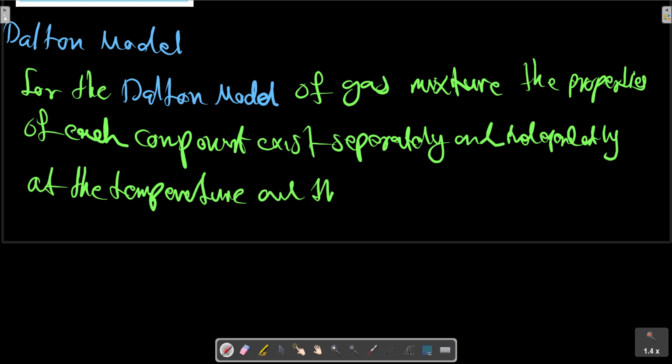And the volume of the mixture, as shown in the next picture.